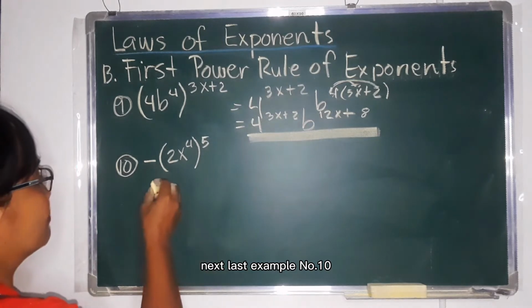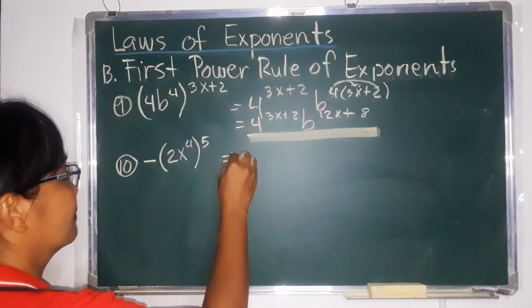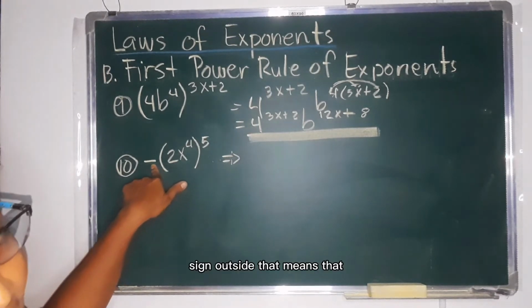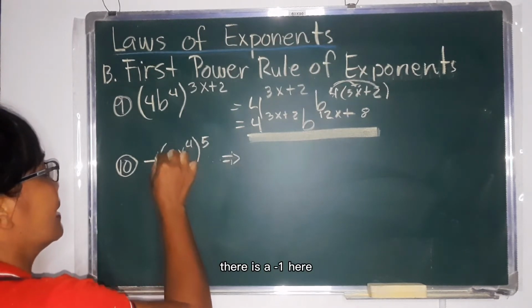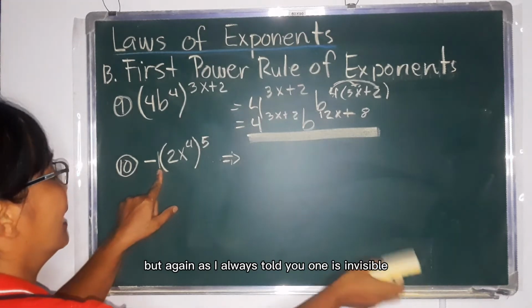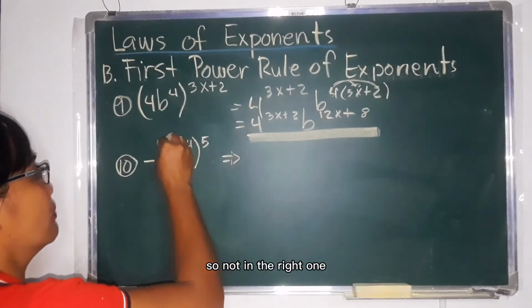Next, last example, number 10. If you notice, there is a negative sign outside. That means that there is a negative 1 here. There is 1 outside. But again, as I always told you, 1 is invisible, so no need to write 1.